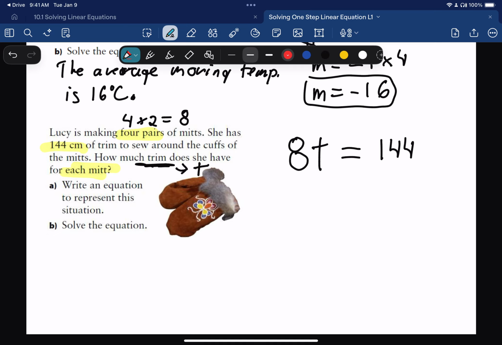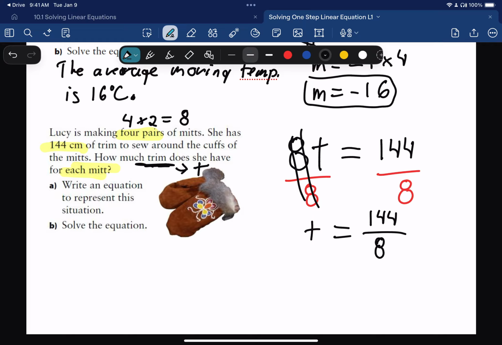So in this case, we're multiplying 8 by t. So we're going to do the inverse, divide by 8, and we're going to divide this by 8 as well. These now are going to cancel each other out. So t equals 144 divided by 8. And 144 divided by 8 is going to be 18.